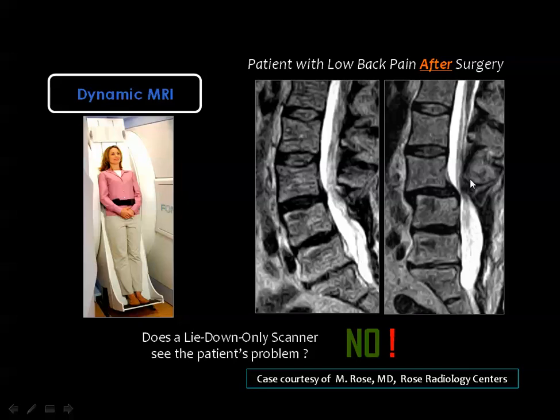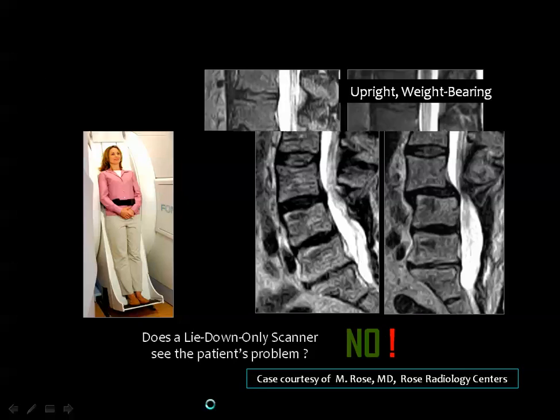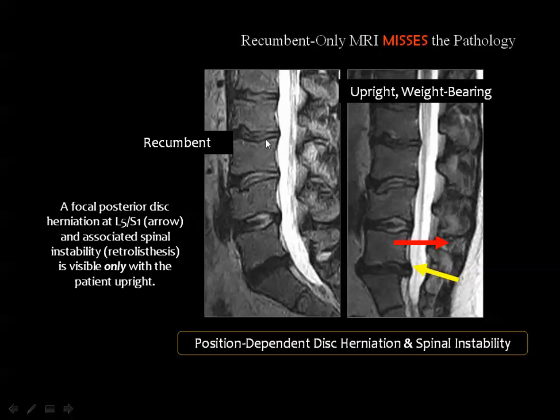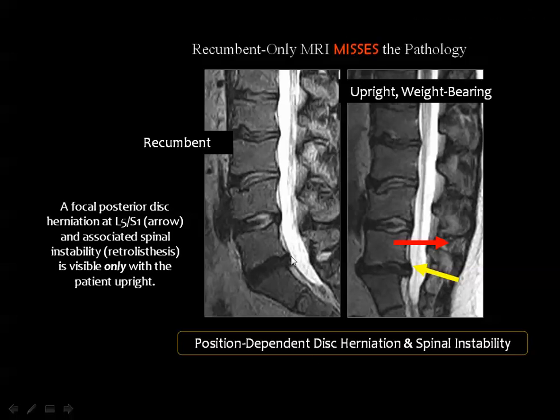Then you can see there is a significant spinal instability with a spondylolysis of L3 over L4 and deformity of the spinal canal at that level. Then this study was also performed before surgery, and this is the recumbent MRI and this is the erect MRI.